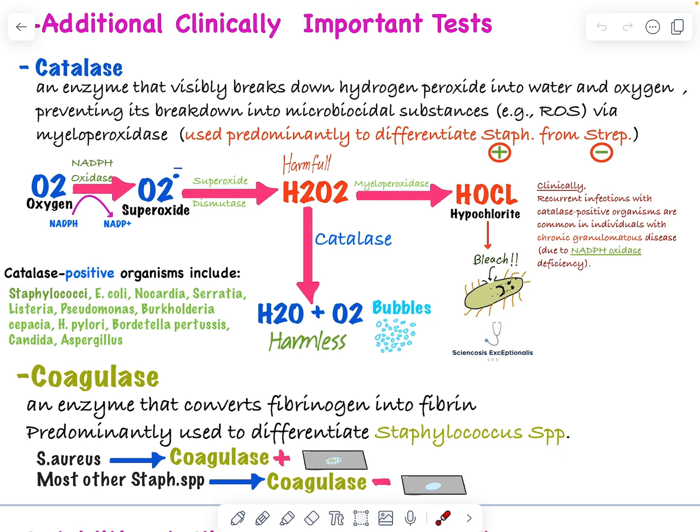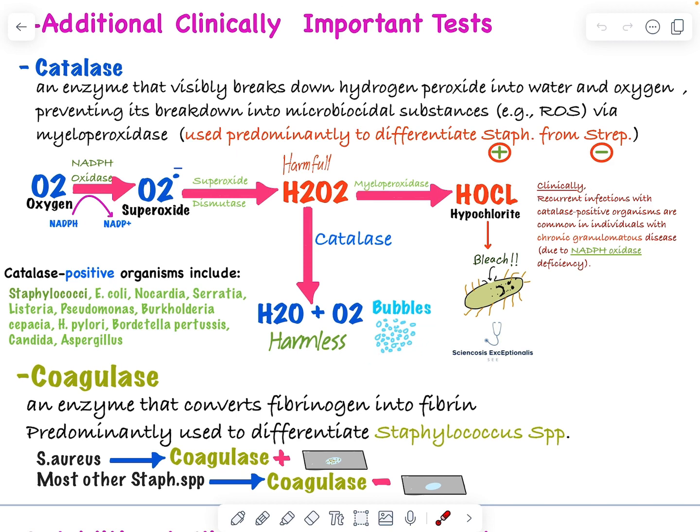However, it is used predominantly to differentiate between the staphylococci, which are positive and capable of producing bubbles, from the streptococci, which are negative and not capable of producing bubbles.